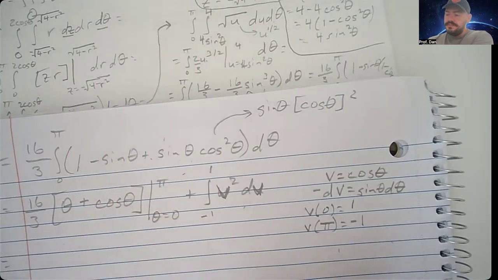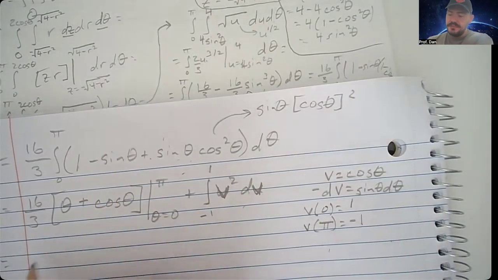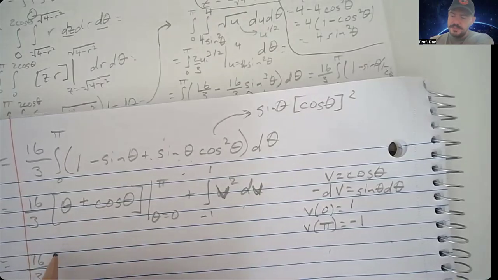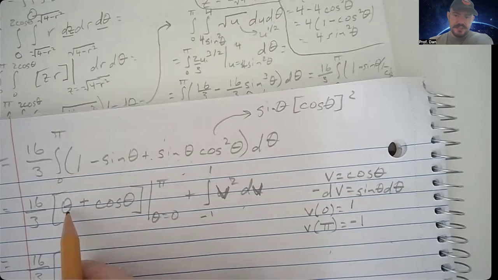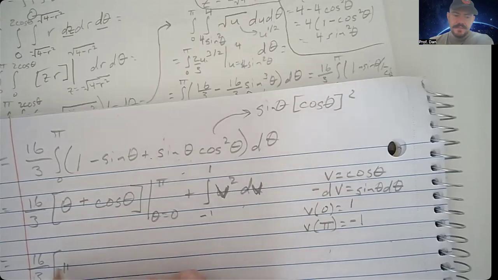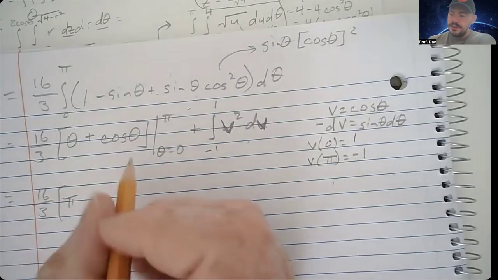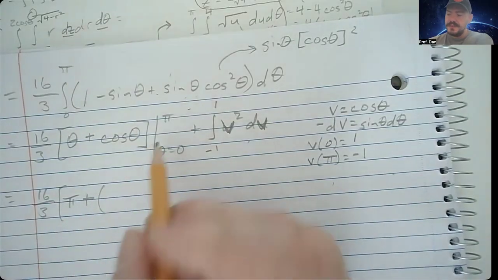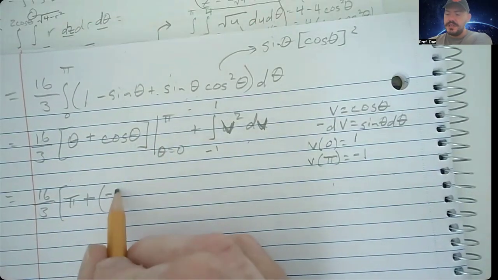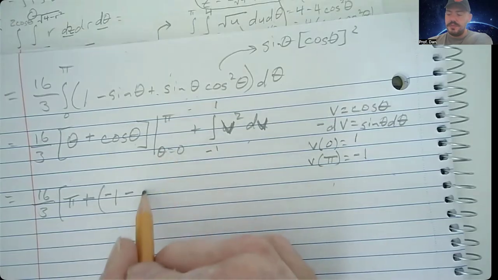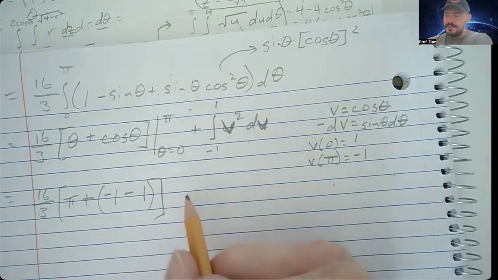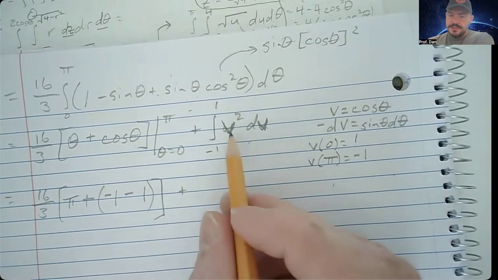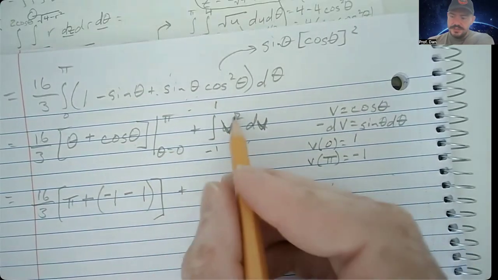Okay, so going on to our next step, I'm going to go ahead and evaluate these guys. So we have 16 thirds. If I plug in pi minus 0 for this term, I get pi. Now for cosine, if I plug pi in, I get -1. If I plug 0 in, I get 1. Okay, and then we'll simplify that in the next step. For this one next, we are going to use our power rule.